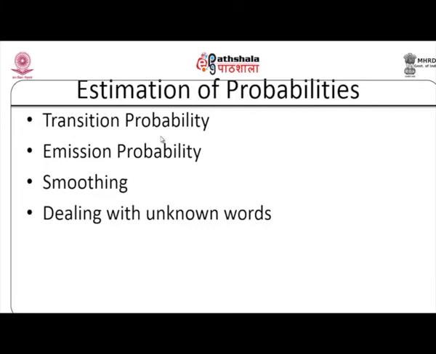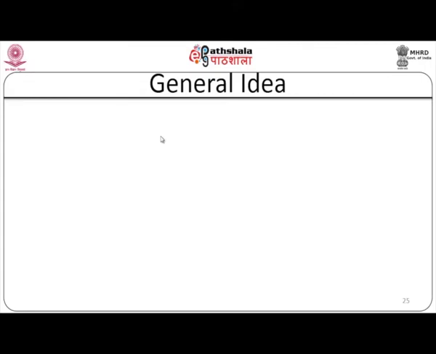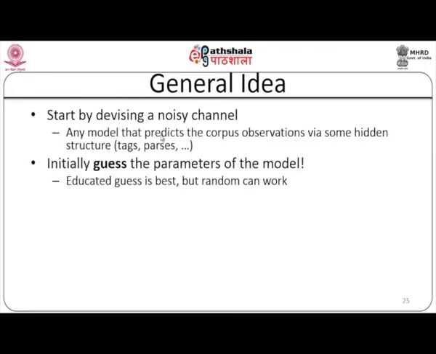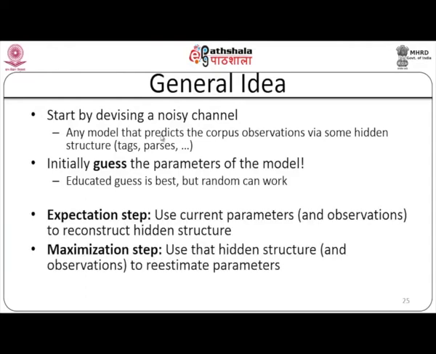Similarly, we can re-estimate the emission probability also. The general idea here is to start by devising a noisy channel model, for example corpus observation if it is a text mining problem, with any hidden structure like tags and parses. Initially you guess the parameters of the model. You can have an educated guess, or random also can work, only the time taken for convergence will be higher. You have two steps in the expectation maximization algorithm.